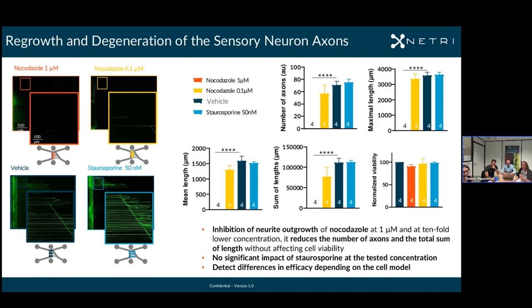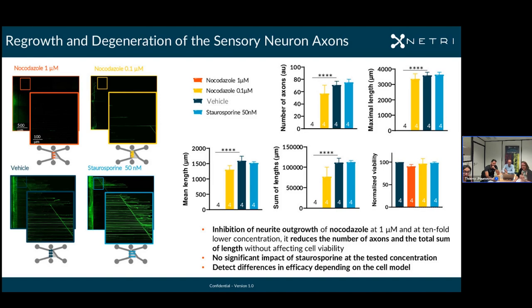We did the same on the sensory neurons, and what we noticed first is that we had to reduce the concentration of nocodazole, as 1 micromolar was preventing complete neurite outgrowth on the sensory neurons, but without affecting the viability.